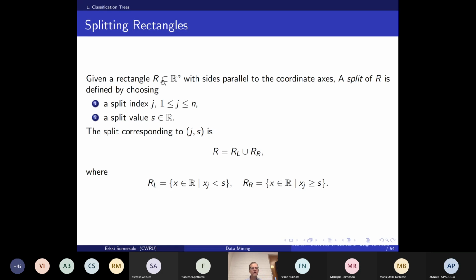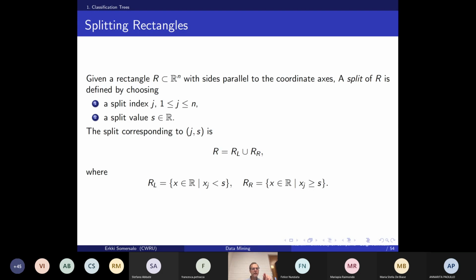Given a rectangle R in R^n, which has sides parallel to the coordinate axes, we are splitting this R in two at a value s. First of all, when you do splitting, you need to choose the attribute according to which you are doing the splitting. So you choose one of those attributes from 1 to n, and then you ask whether attribute number j is larger or smaller than s, which is a value that you decide at this point.